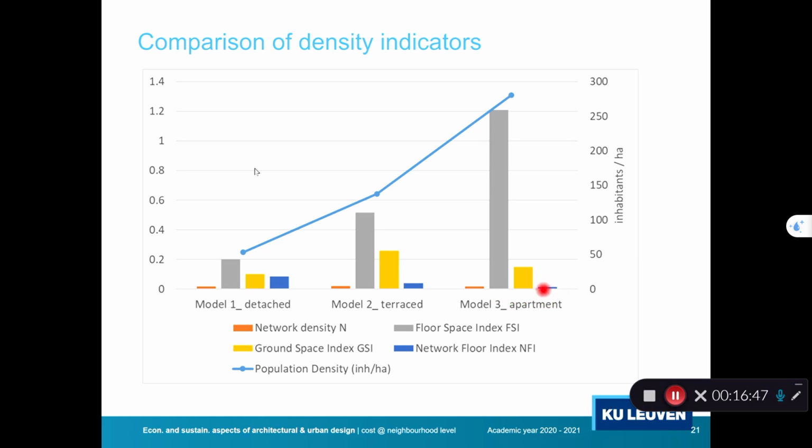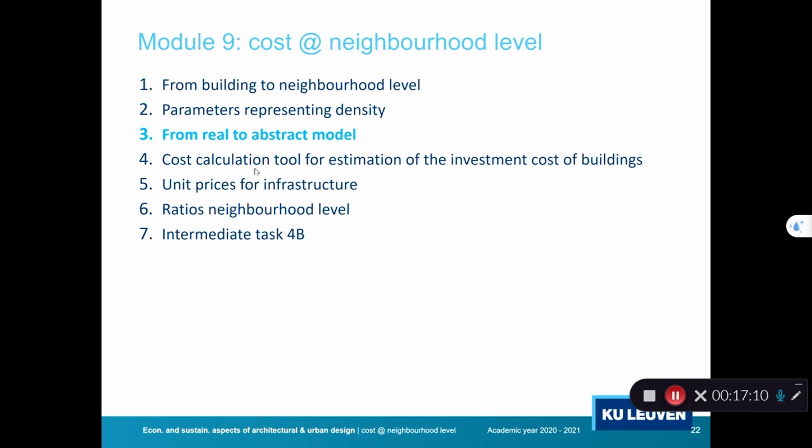It means that this one, of course, is very low because we subdivide the same amount of infrastructure over more built-up floor area, but then taking into account all floor levels. So the different indicators give different kinds of information. So it's important, if we talk about density, to carefully think about what is behind the indicator. And with this slide, I would like to end the first part of this lesson on costs at neighborhood scale.